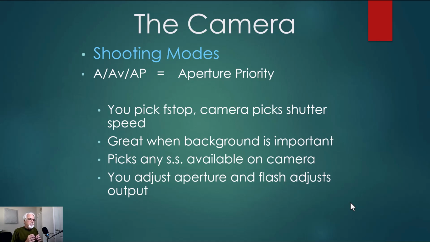In this case, you can pick any shutter speed that's available on the camera and you can adjust your aperture, and the flash in ETTL mode, meaning automatic metering, will automatically adjust the output of that flash so that your subject is properly exposed. This is the way I was brought up. Aperture priority always picks the shutter speed appropriate for the aperture chosen and the ISO that's been chosen and the amount of available light outside.